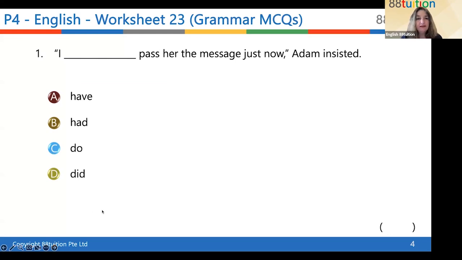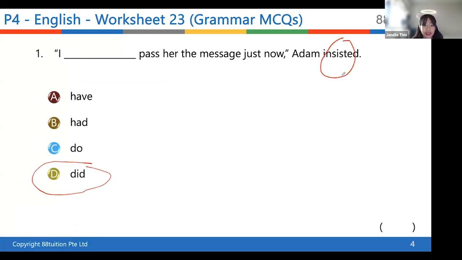Up front, Janelle, what did you have for this answer? Did. Yes. Okay, how do you know it's did? That seems like a funny thing to have did in a sentence, not in a question. Because Adam insisted, as in -ed, which means past tense, so it cannot be do.